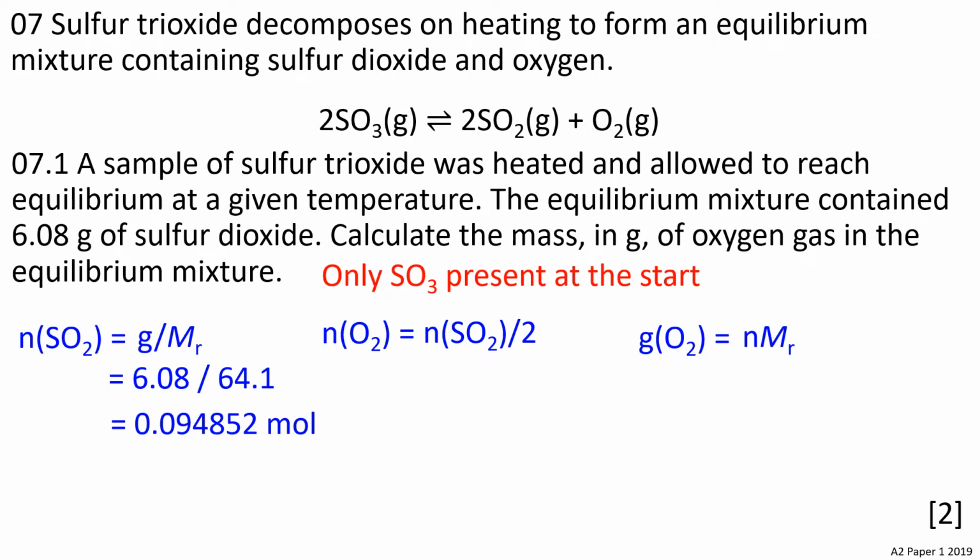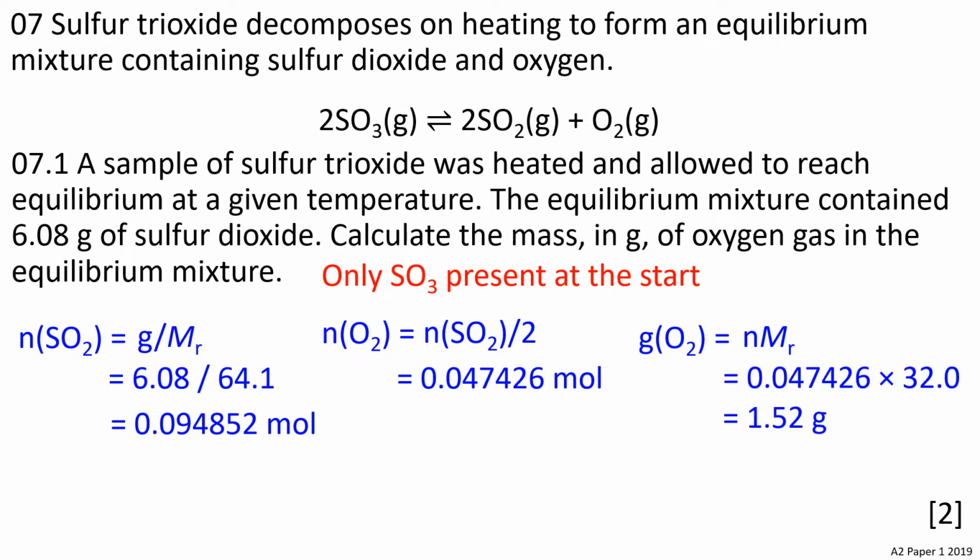As always, I like to keep a couple of extra significant figures in my working out. Dividing that by 2 gives us the amount of oxygen, 0.02426 moles, and multiplying that by the molar mass of oxygen gives us that the mass of oxygen is 1.52. Don't forget that oxygen is diatomic, hence 32.0 grams per mole for oxygen.